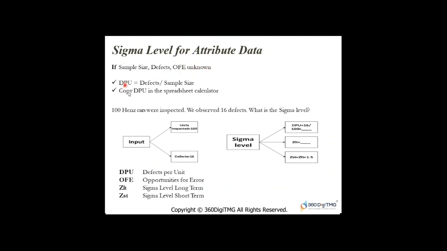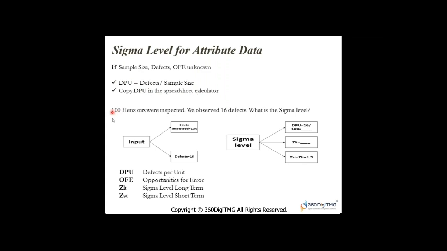First, calculate defects per unit, which is defects by sample size. Copy defects per unit into the spreadsheet calculator. Your job is done. If you're lazy in calculating this DPU, do not worry. We have ensured that spreadsheet calculator takes care of the lazy folks as well.